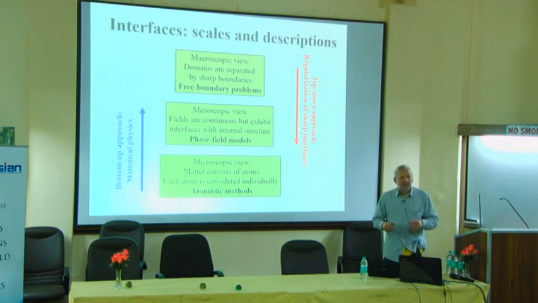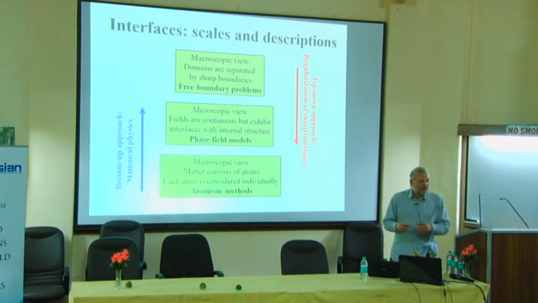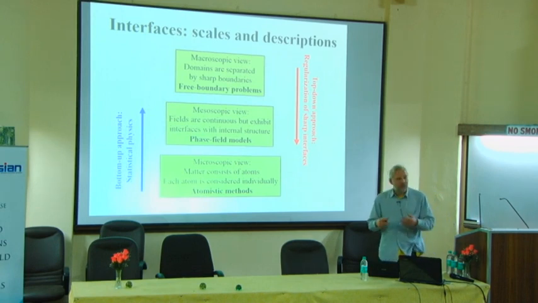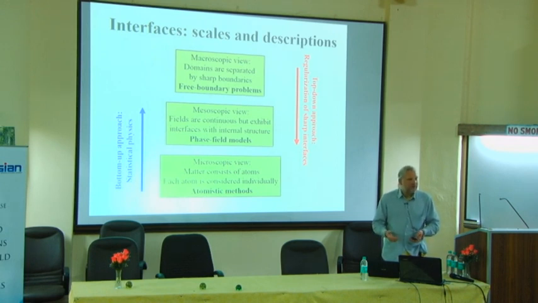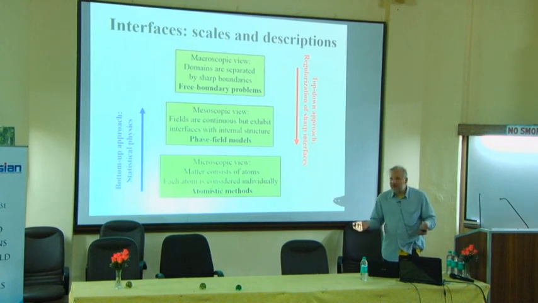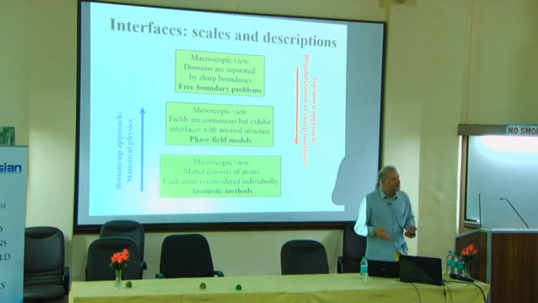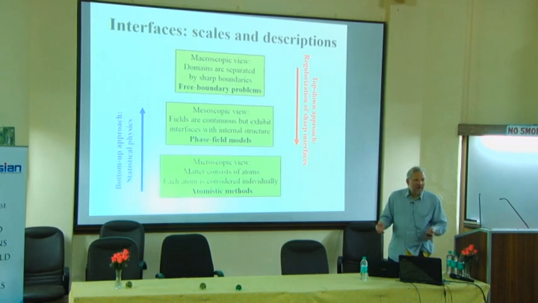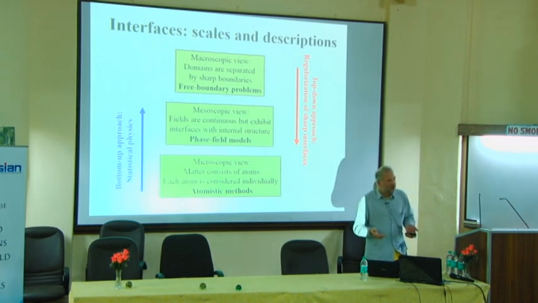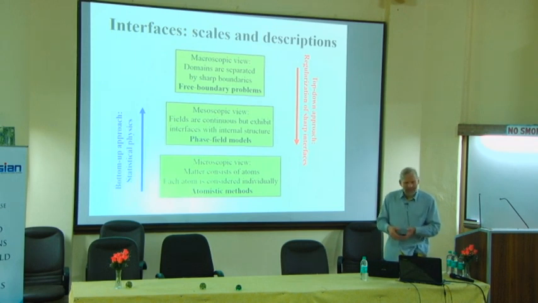But this is limited to very small length and time scales. So it is useful, but it is not the right method to describe entire microstructures. Because microstructures, as their name tells, they are on the characteristic scale of microns, and they evolve on the scale of seconds or days. So these are not the appropriate scales for molecular dynamics.